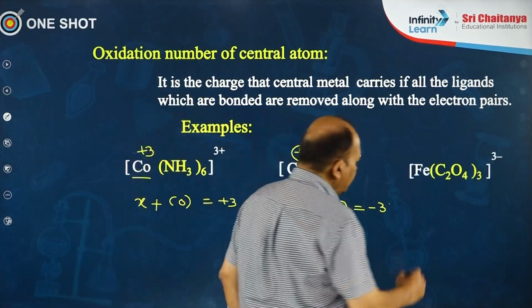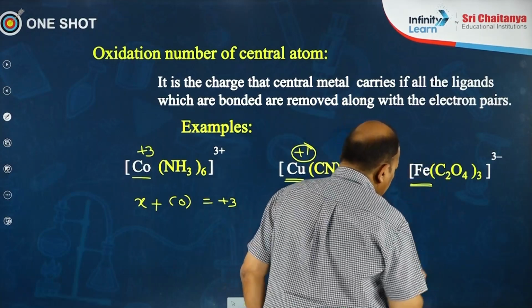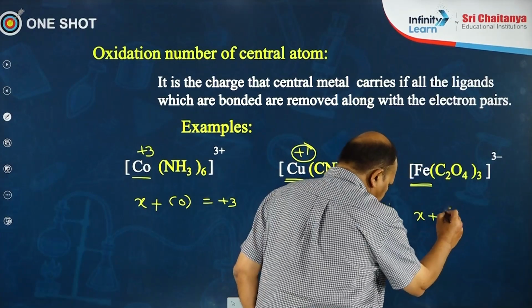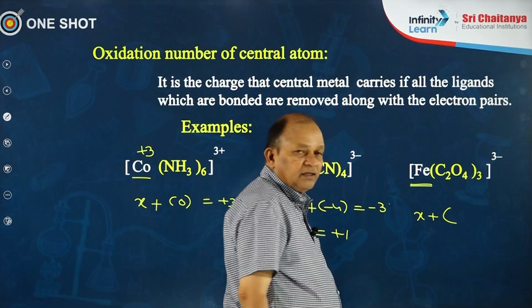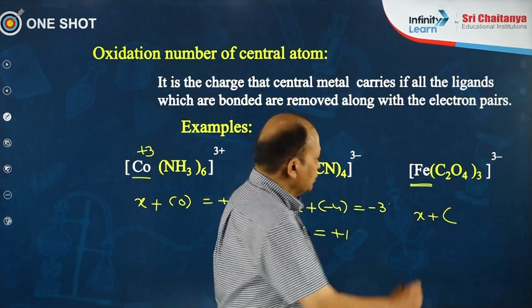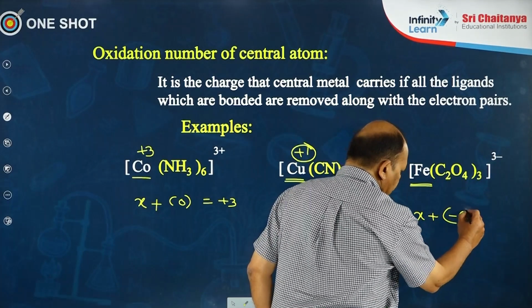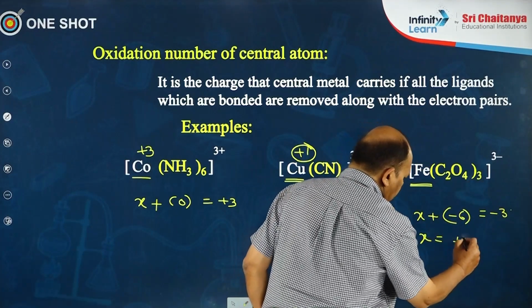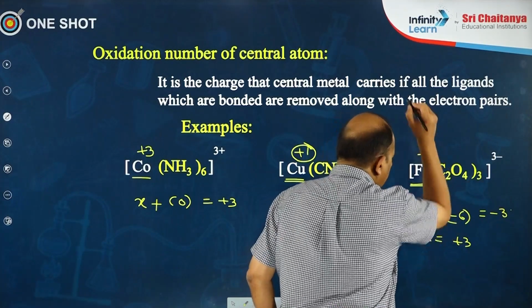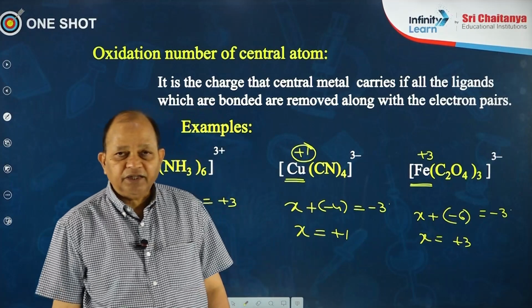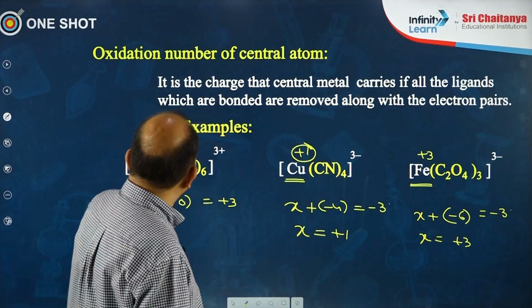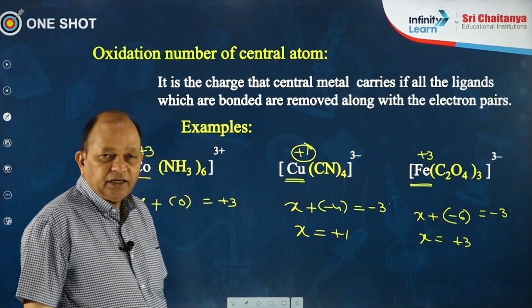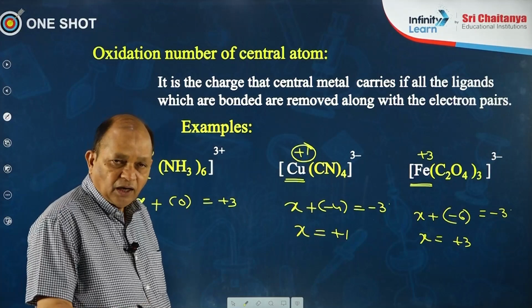In a similar manner, to calculate the oxidation state of iron, X plus oxalate ion will carry 2 negative charges, so -2 into 3, -6, is equal to -3. So, X is equal to +3. So, the oxidation state of iron is +3. Like this, we can calculate the oxidation state of the central metal atom or ion.